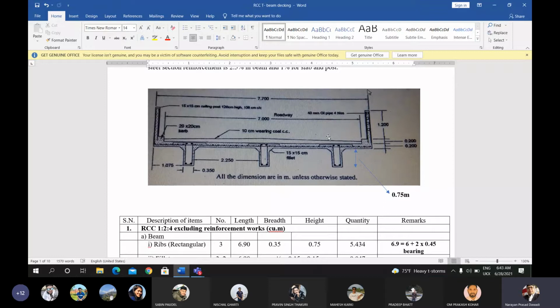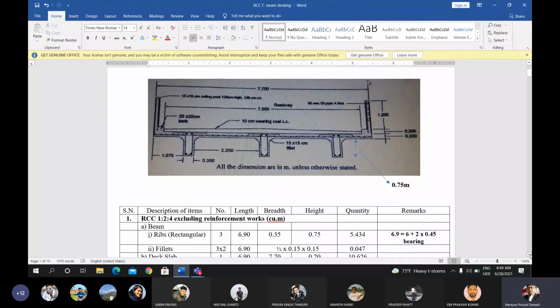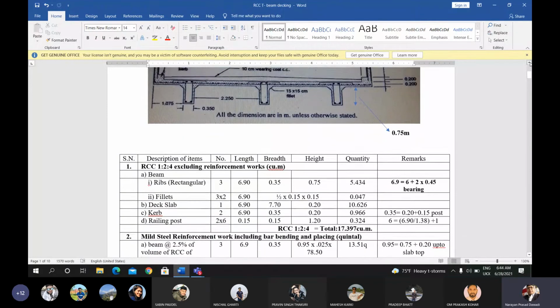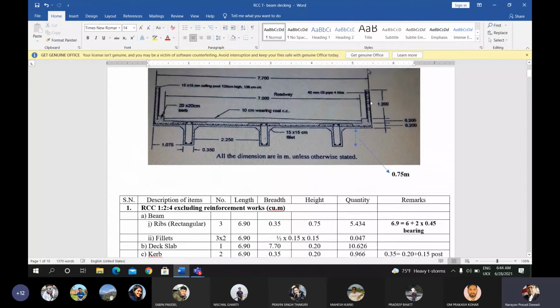The diameter of the pipe must be specified, and the length of each pipe is calculated. Okay, now look at this. For the single side, 4 numbers here, and the single side here also. The other side is not shown here, but on the double side there will be the railing post. So you have to calculate the railing post for the double side. Okay.